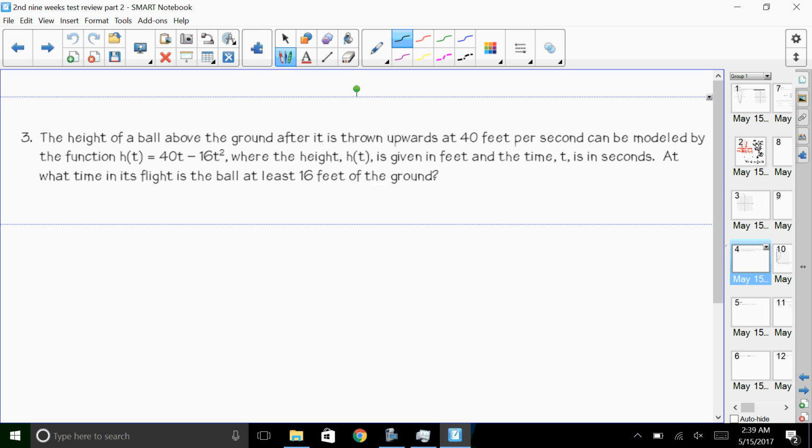At what time in its flight is the ball at least 16 feet off the ground? Okay, so again, we have to set up an equation. 16, it says at least, so that means it's going to be greater than or equal to that.